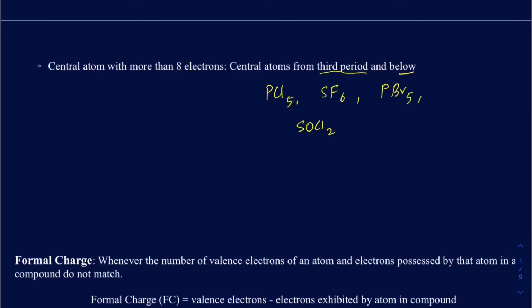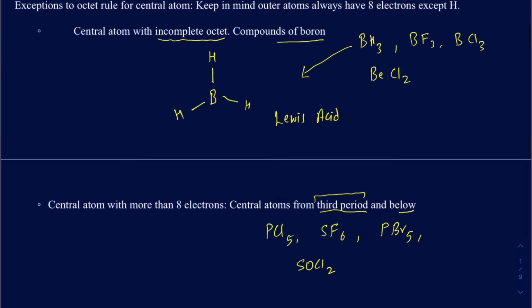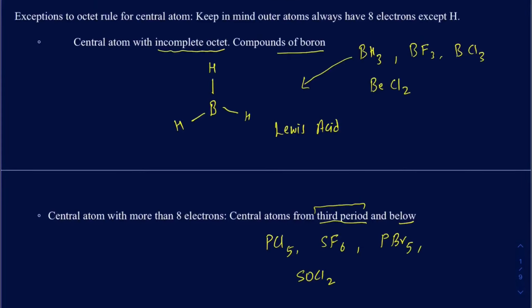All those are examples of compounds that have a central atom with an exceeded octet. And that's completely okay as long as you have a central atom from the third period or below. Now keep in mind your surrounding atoms are always going to have 8 electrons except the hydrogen. Hydrogen is the only exception where it's going to have only 2 electrons at the end of the day, but the rest of the surrounding atoms are always going to have 8 electrons once the electron dot structure is completed.